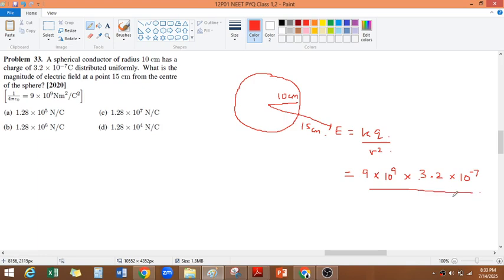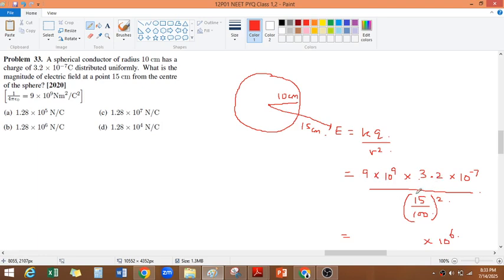R is 15 centimeter, so that means it will be 15 by 100 the whole square. Simplify this, you will get the answer. So 10 power 2, 10 power 4, so 10 power 4 will go to the top. So 10 power 4 and 10 power minus 7 will become 10 power minus 3. So 10 power minus 3 and plus 9 will become 6. So 10 power 6 will be there in the top.